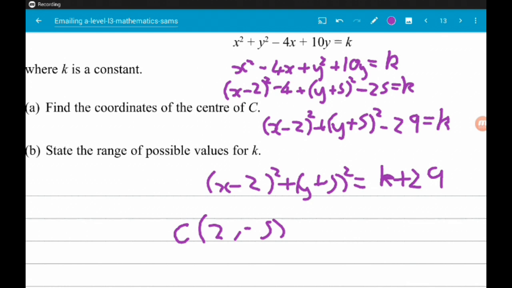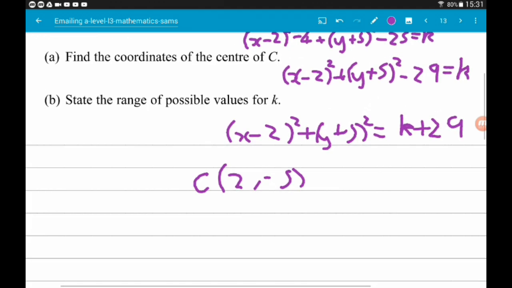Then part C wants us to state the range of possible values for k. When they say the range, that's a nice little clue that an inequality is going to be involved somehow.